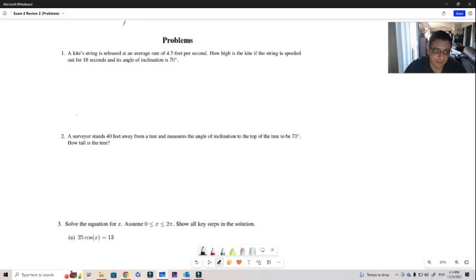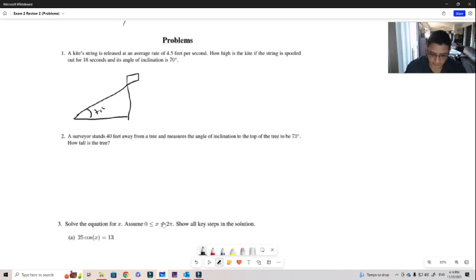So this means that we have a situation where we have the kite over here, and we have this angle of inclination of 70 degrees. So we can make a triangle here.